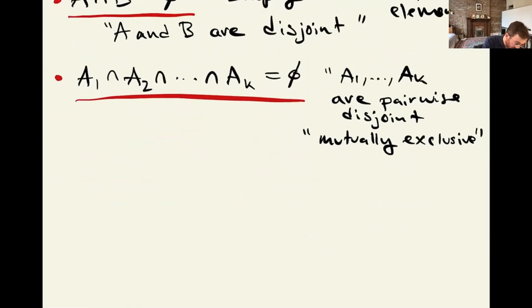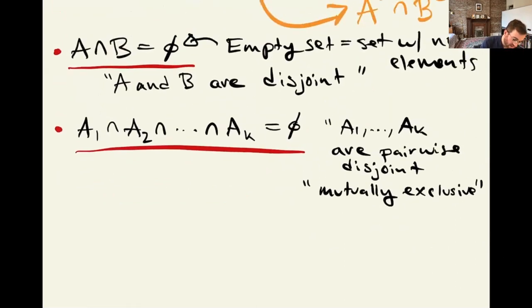One more bit of terminology, because it's related to cards, is this notion of, in some sense you want to think of A union B as sort of almost like an addition operation.